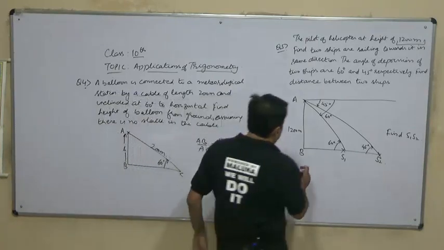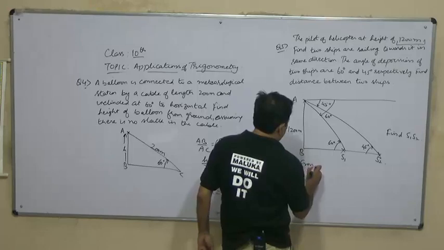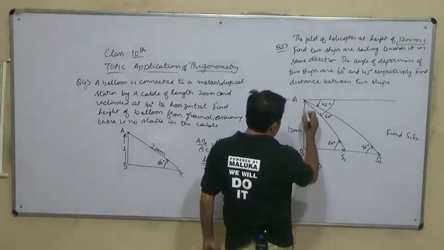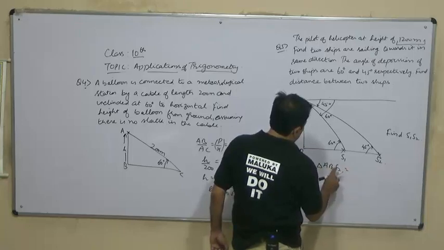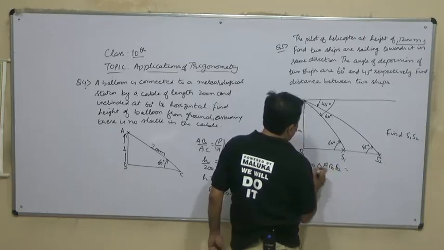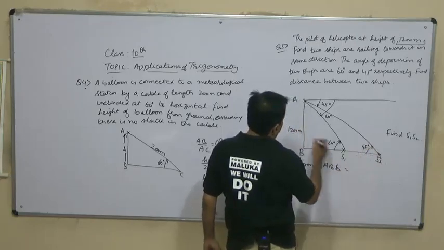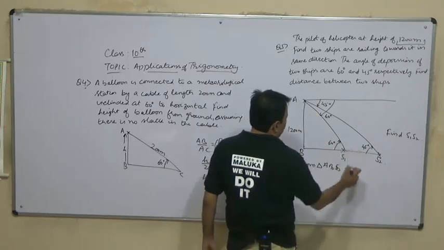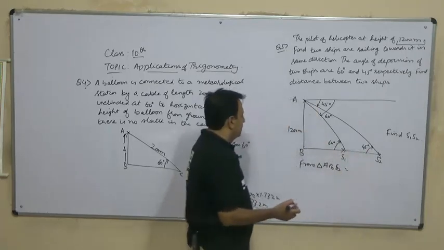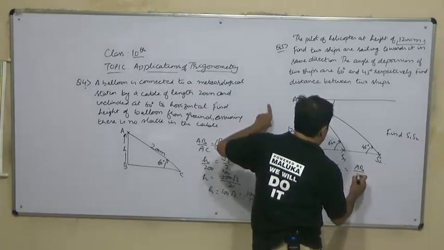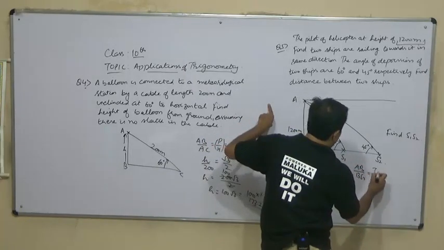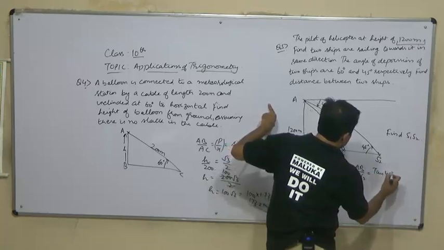So from triangle ABS2, we can see that this is 45 degree, this is 1200, and AB upon BS2 is equal to tan 45, which is equal to 1.